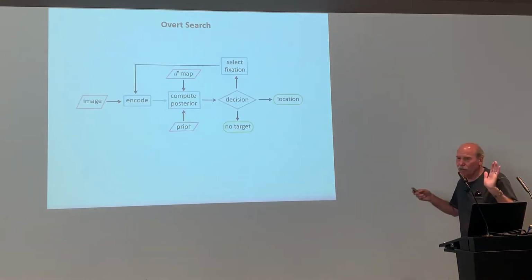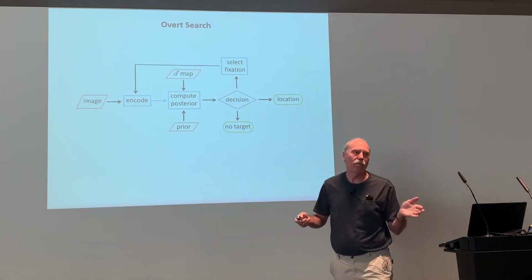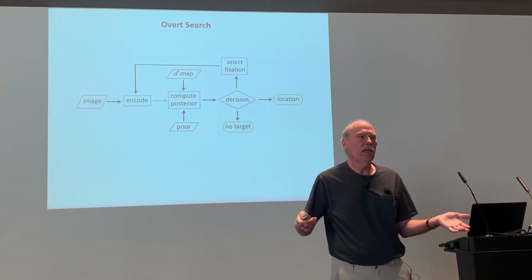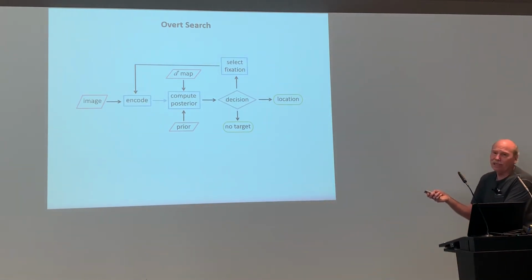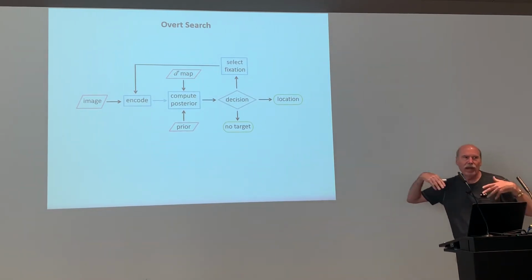So here's a generic framework for a theory of overt visual search. I would argue that any sensible, biologically plausible theory will have at least these components in it. The input, of course, is the image, whatever is coming in. Also, we assume that the organism has some prior knowledge about where the target might be located.